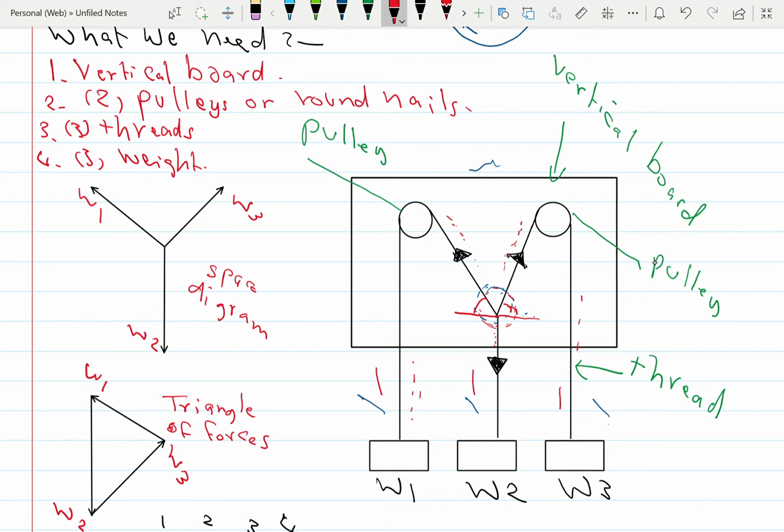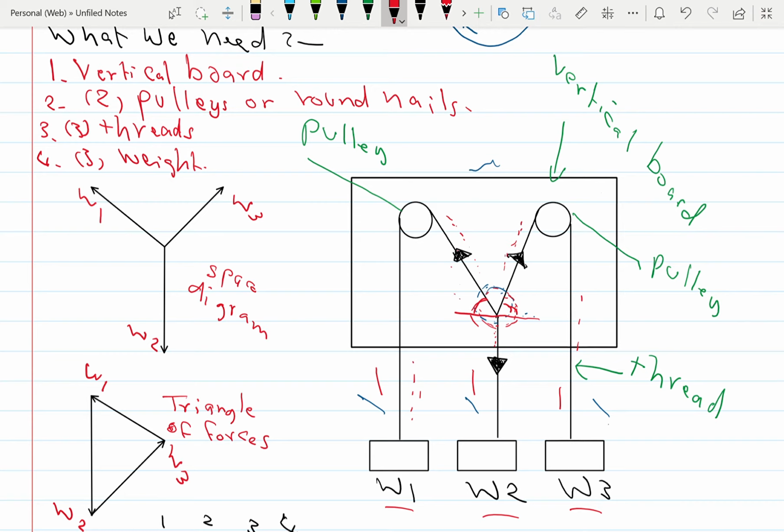After we put the different weights here, 1, 2, and 3, we make sure the thread is not moving. Then if we don't have a compass, we can put an A4 sheet between the board and the thread, and we can make lines.